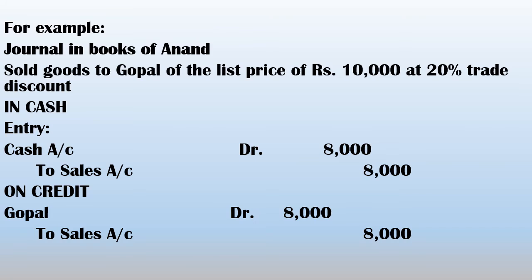The name of the person to whom the goods will go, the receiver, will be debited, and then to sales. So in both the cases, we have directly deducted 20% from 10,000. We are not showing any separate entry of that deduction 2,000 because it is directly deducted from the cash memo or invoice of the goods.